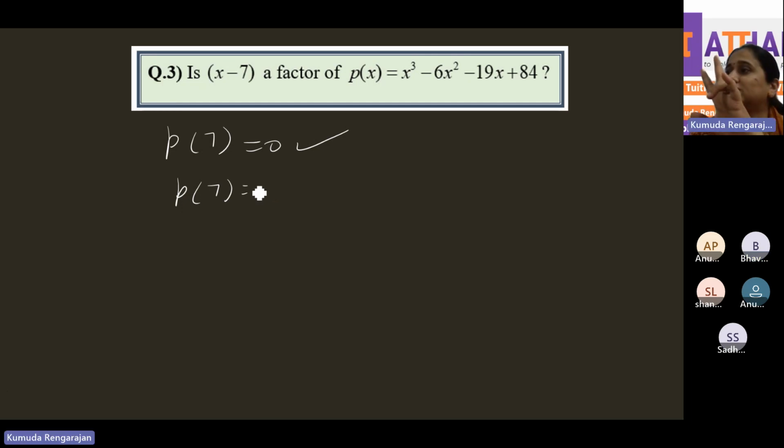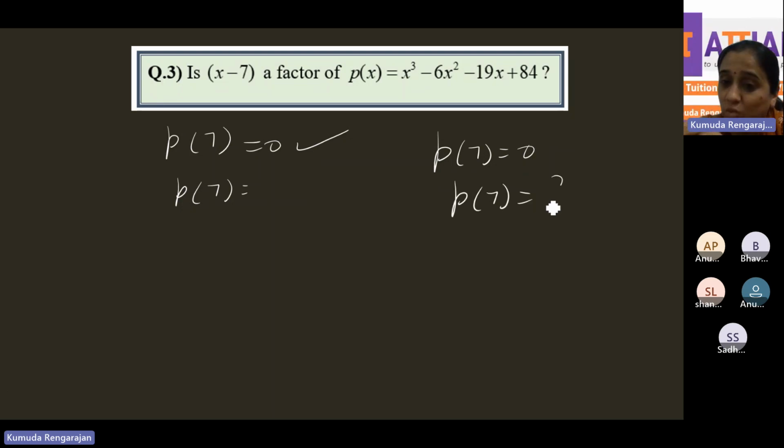Yeah, there are two things we need to understand. If it is given that it is a factor, then you must write P of 7 is equal to 0, because it's a factor, so the remainder is 0. But if you have to check if it is a factor, you must find the remainder. P of 7 is what you must find. It's not given to be a factor.